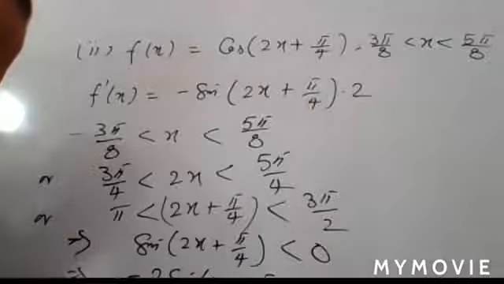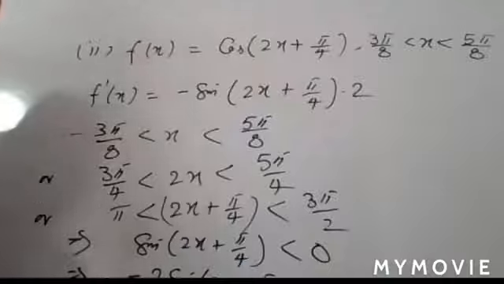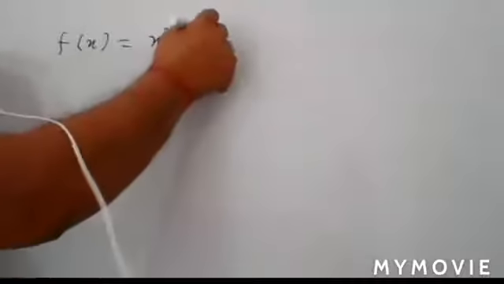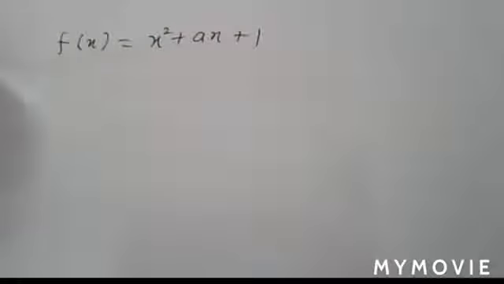So right here, which was asked in 2012. Find the least value of A so that the function fx is equal to x square plus ax plus 1 is strictly increasing on the interval 1 2.